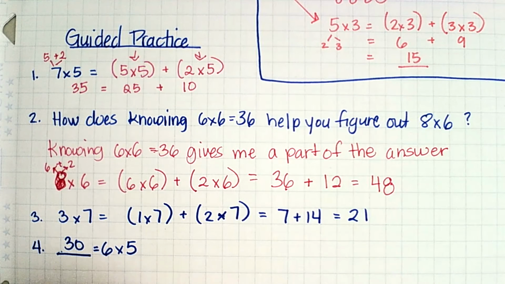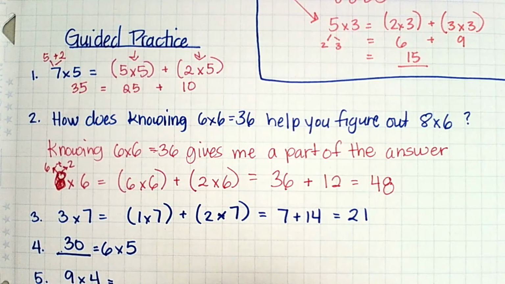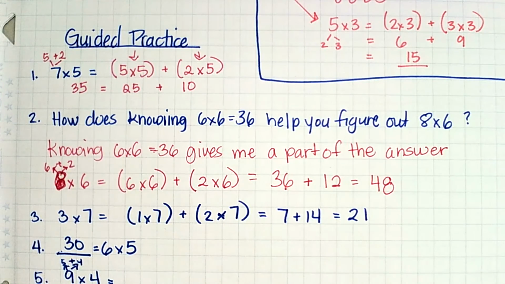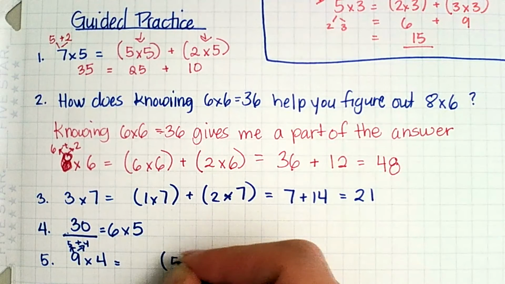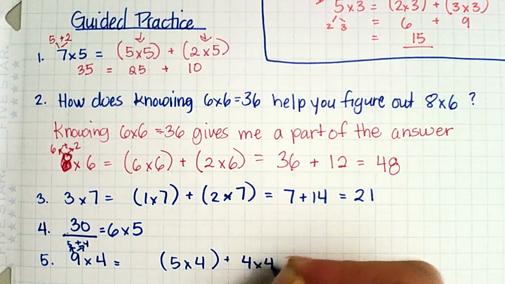For number 5, it's asking us for the product of 9 times 4. If I'm not sure what this is, I can split the 9 into 5 and 4, because I know my 5 facts and I know my 4 facts. So this can become 5 times 4 plus 4 times 4.